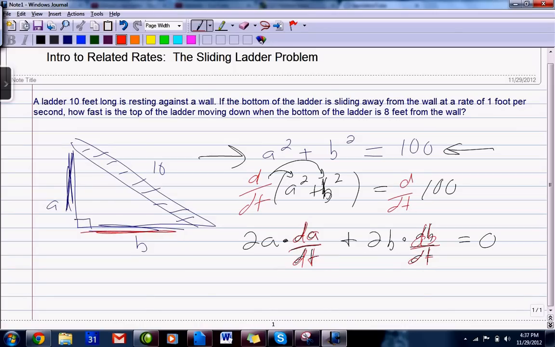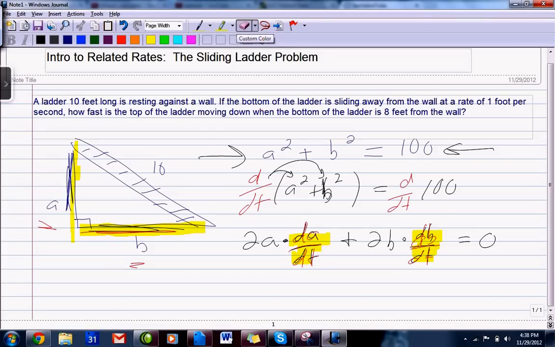So those are my two rates. a and b are lengths in and of themselves, just like we note here on the diagram, but dA/dt and dB/dt are both rates. dA/dt is the rate at which basically the top of the ladder is sliding down, the rate at which this length here is changing, and dB/dt is the rate at which this length is changing. In other words, the rate at which the bottom is sliding out.